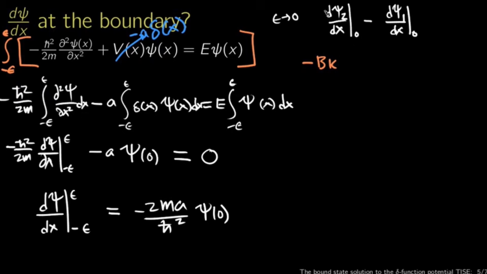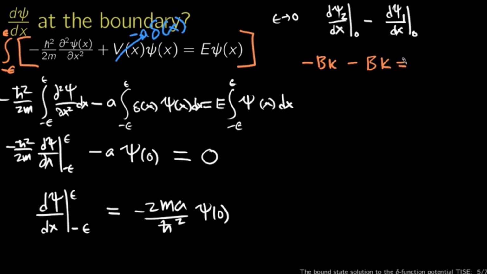I just get minus bk for the first derivative of psi in region 2 at the boundary. For the first derivative of psi in region 1 at the boundary, now I'm subtracting it because this is the second endpoint. I get a very similar expression. Again, bk e to the now plus kx. And again, evaluating this at 0 means my e to the kx is just going to be 1.